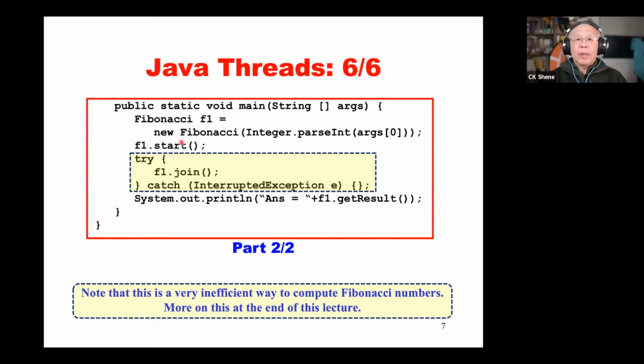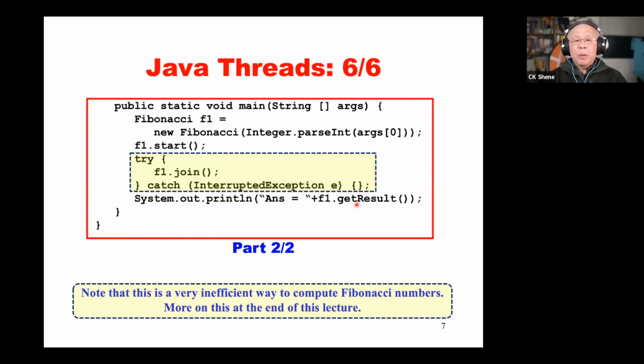Then we run it. In order to get the results from F1, the main program must put this join in a try-catch block. So once the join completes, we have the result in this F1 class, and we just print it out. So this is very simple.